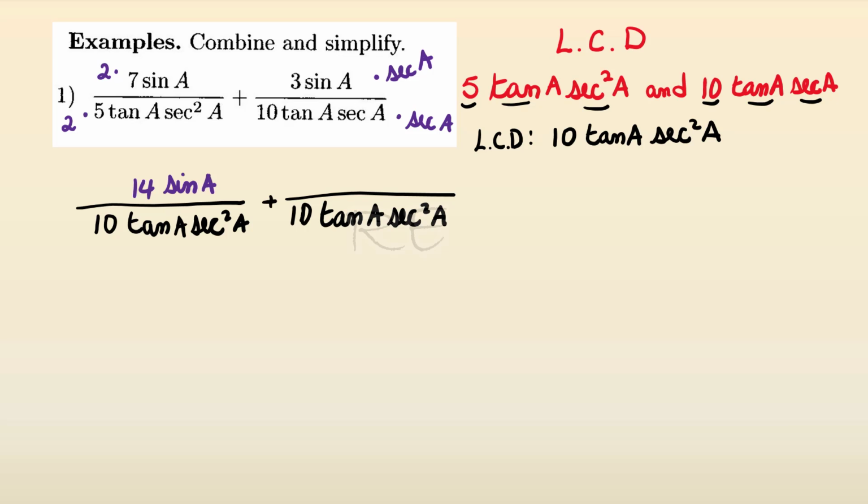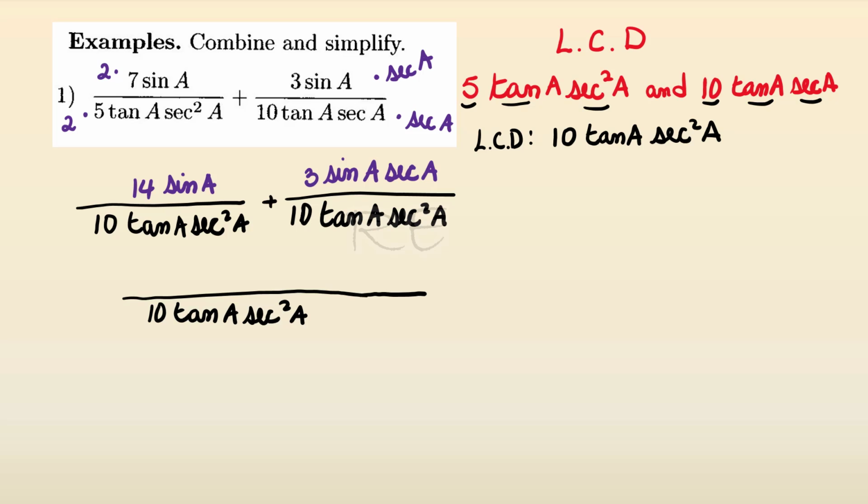Therefore, the numerator will become 3 sine A secant A. Now we're done. We just have to put them together under the same denominator. 14 sine A plus 3 sine A secant A over 10 A secant squared A.